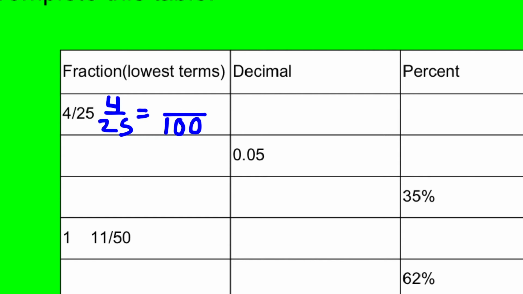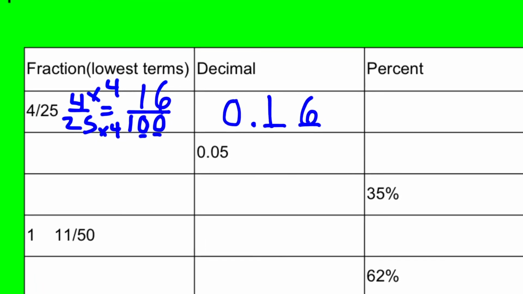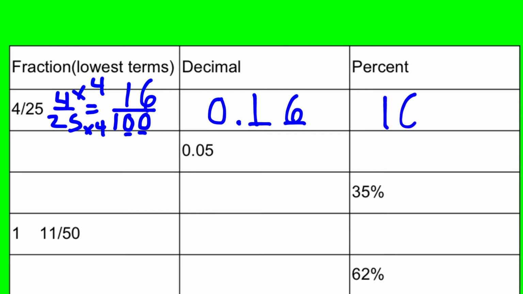I'll make it out of 100 by multiplying by 4 and multiplying by 4. And that's 16 over 100. 2 zeros in 100 tell us 2 decimal spots where we will put 16. The definition of percent is out of 100. So 16 out of 100, 16%.